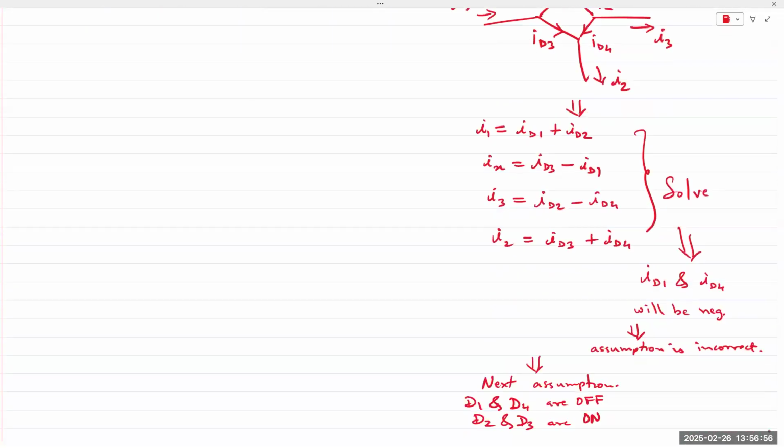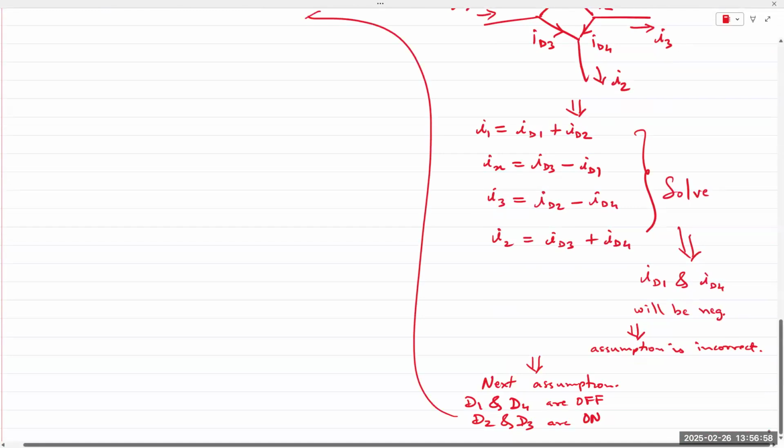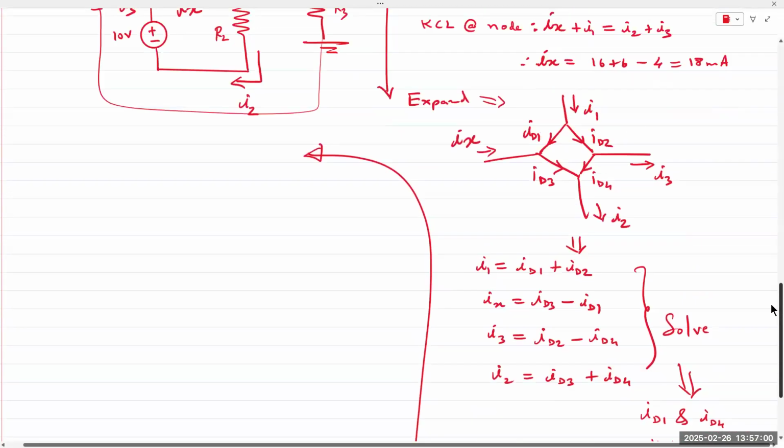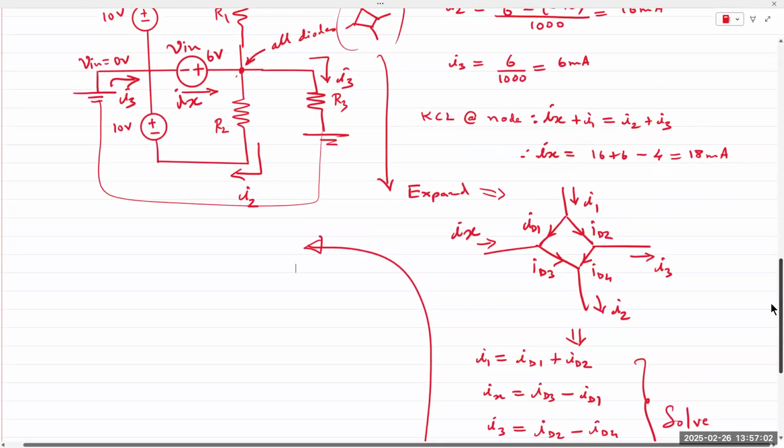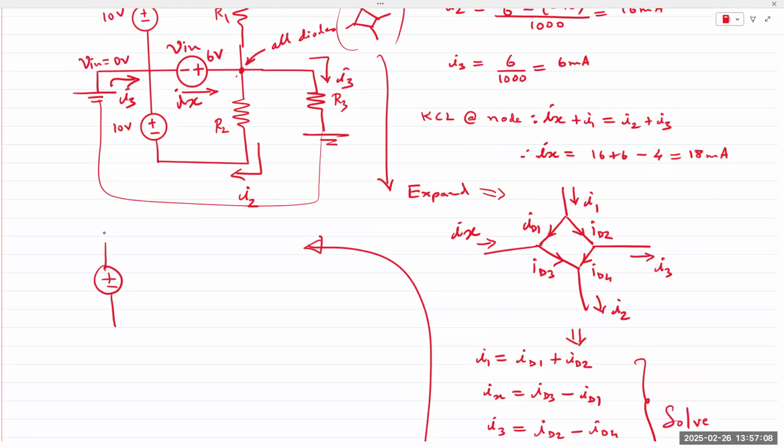All right, so D1 and D4 are off, D2 and D3 are on. It will result in a circuit that looks like this. This is D2, this is D1, this is D4, and this is D3.